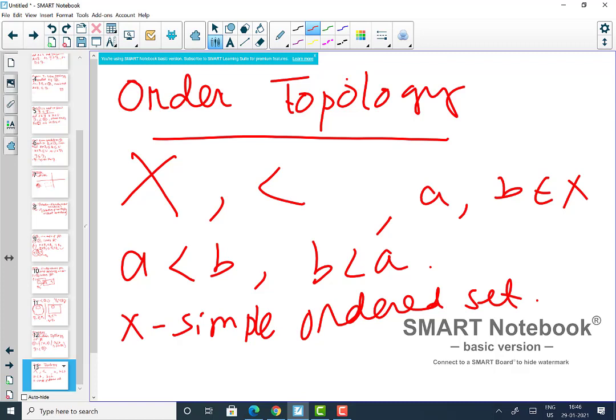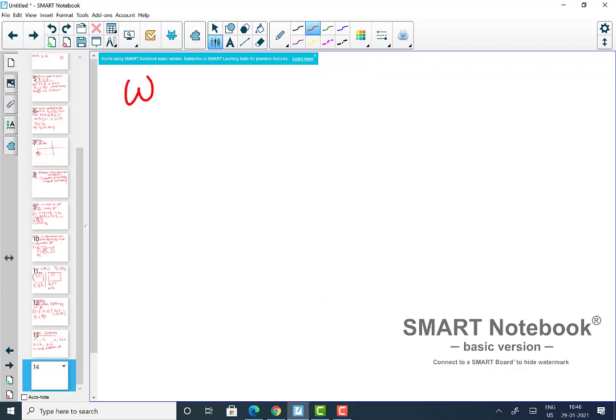You know the meaning of the well ordering principle, right? Every non-empty subset of natural numbers has a least element, so similar properties would be true here.